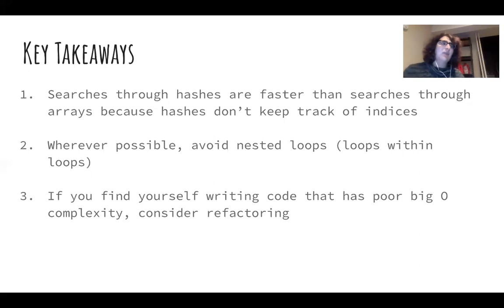So unless you are looping through like dot keys, it's much faster to search through one because it doesn't have to loop through the entire thing to get it. Again, whenever possible, avoid nested loops because that's how you get a O of n squared. And again, if you find yourself writing code that has poor big O complexity, consider refactoring it.